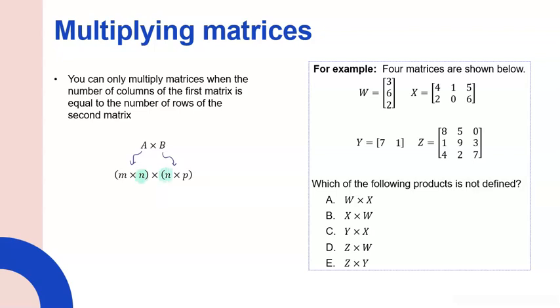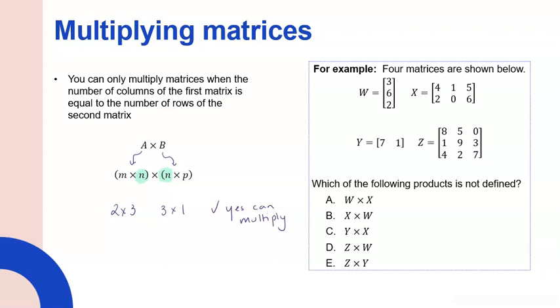So, for example, if A was a 2 by 3 matrix, B was a 3 by 1 matrix, then yes, we can multiply. It is also referred to as being defined. So the product would be defined.